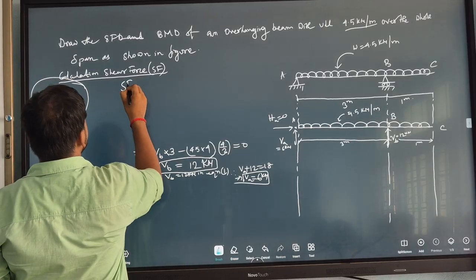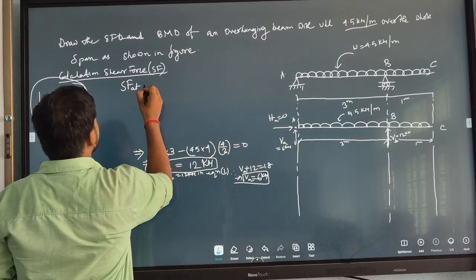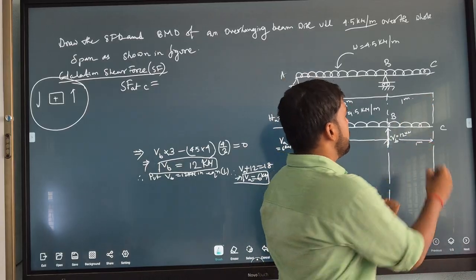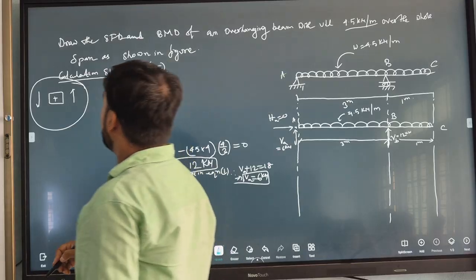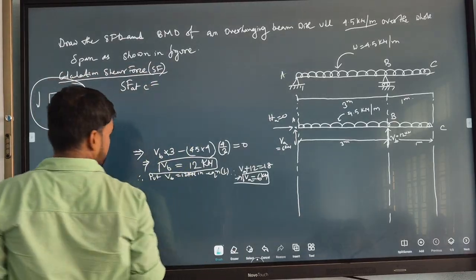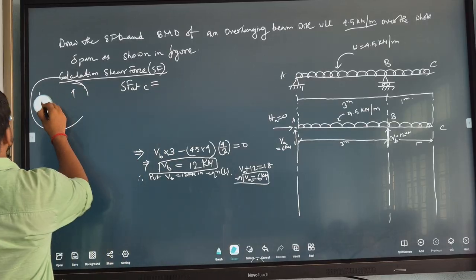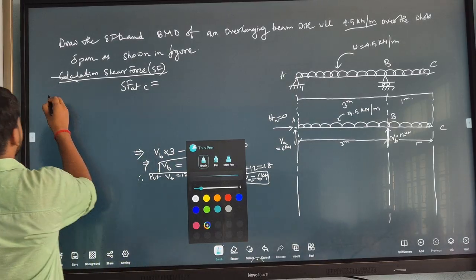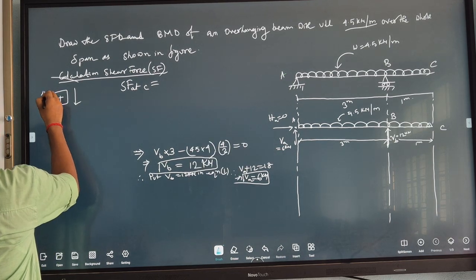Shear force at C. If you stand at C, right down, left up is the sign convention.